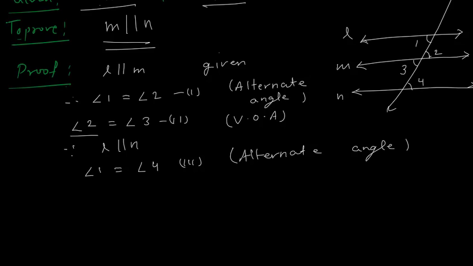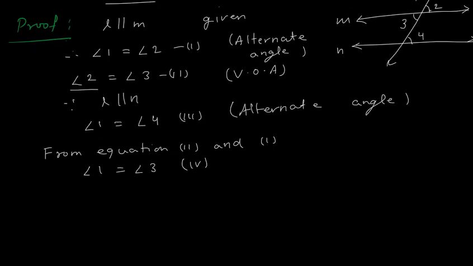So I will say that from equation 2 and 1, if we compare 2 and 1, in place of 2 you can write 1. So from equation 2 and 1 I can say that angle 1 is equals to angle 3. Let us name this as equation 4.